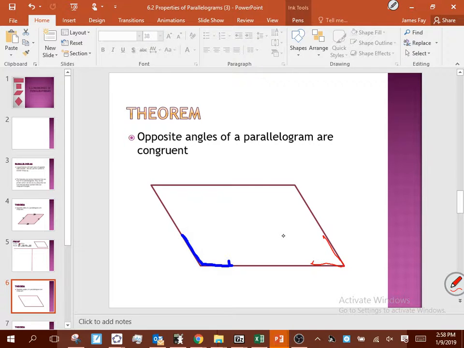Now, what would you name those angles in regards to the location? Okay, so they're supplementary because they are indeed same side interior, and we'll talk about that in a moment. But what would you call them in regards to their location to one another in the quadrilateral? Consecutive. Okay? Those are consecutive angles. Same thing with these two, right? Can I move that blue one up there and these two up here be a linear pair?